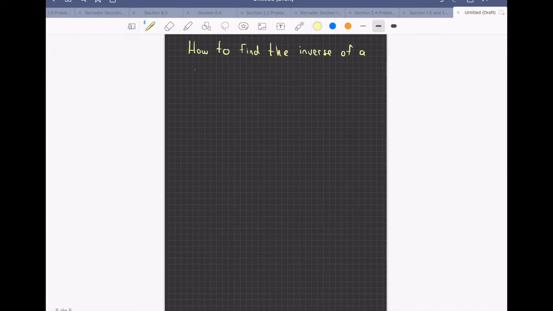All right, so here is the process. This is manual. I will show you later that you can verify the inverse by using a web page calculator for inverses, but manually, here is how to find the inverse of a matrix.